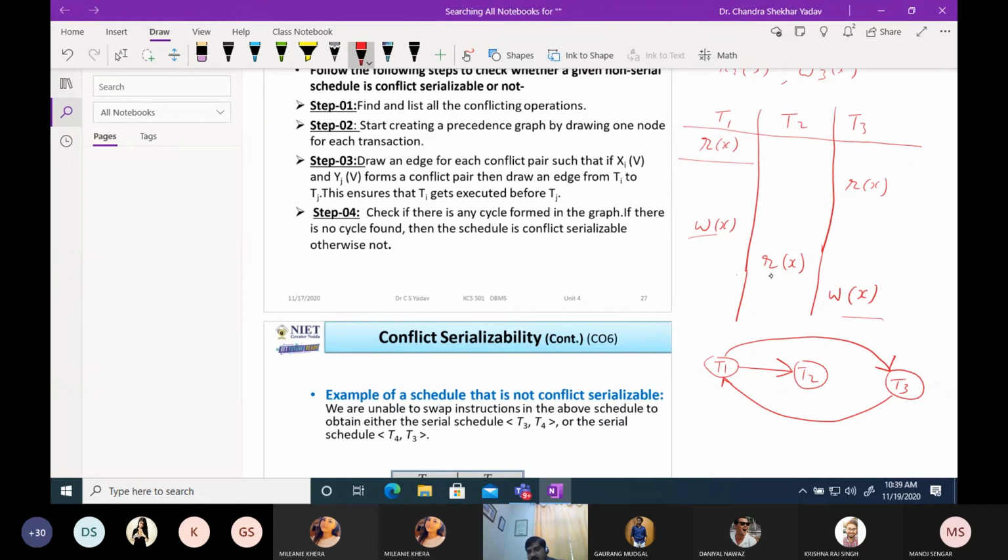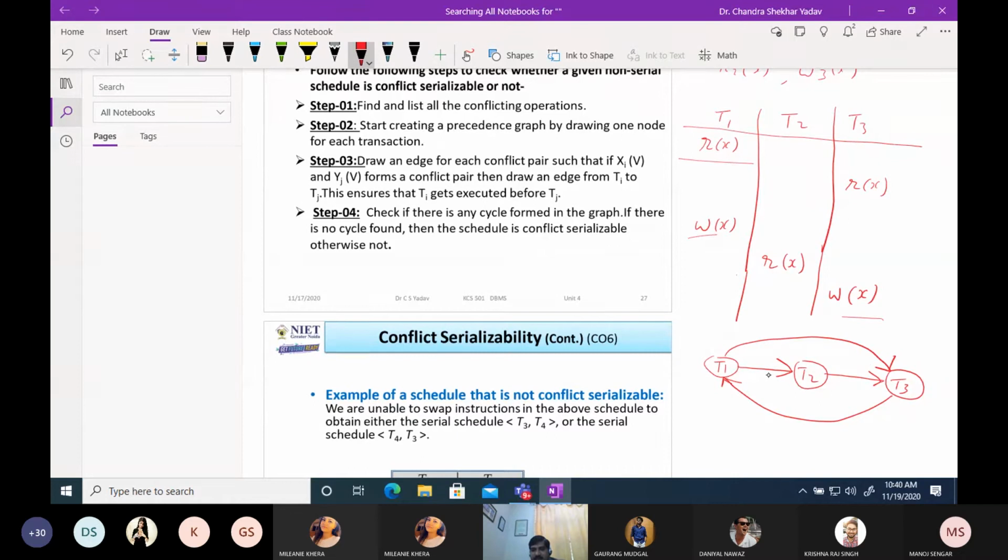Then we will draw an edge from T2 to T3. Then there are two cycles. One cycle is T1 to T3 and T3 to T1. Another cycle is T1 to T2, T2 to T3 and T3 to T1. If one cycle exists, then you can say that this is not conflict serializable. Did you get it?